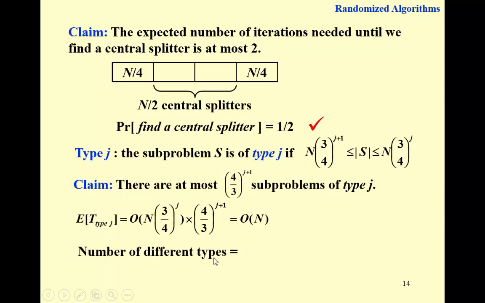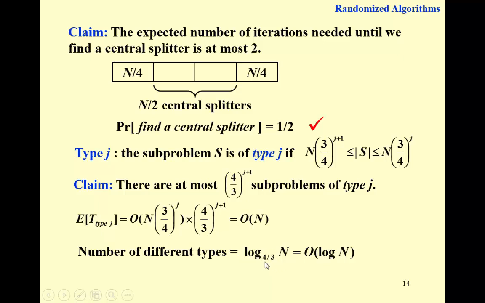And the number of different types is what? When we multiply n by 3/4, it's getting smaller, right? And smaller until we get 1. So how many different J's can we have? That corresponds to the number of multiplications, right? It's just log n with base 4/3.